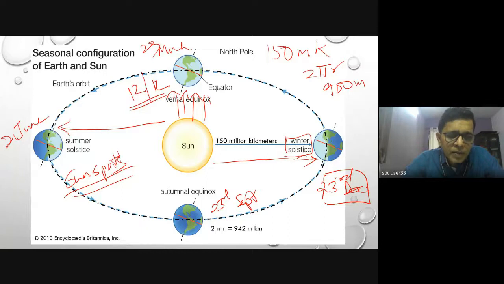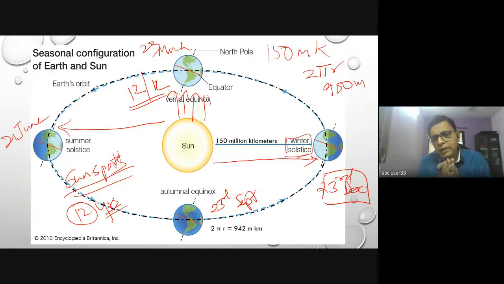The impact of this is that sunspots operate in a cycle of around 12 years, from having the least amount of sunspots on the surface to having a maximum amount of sunspots on the surface, which happens to be one cycle.